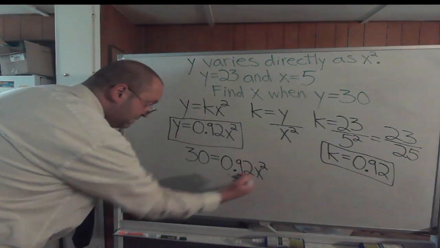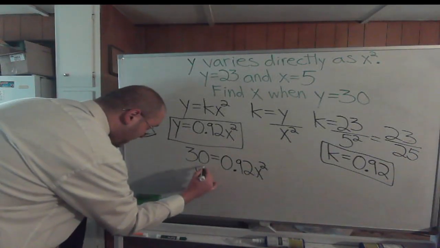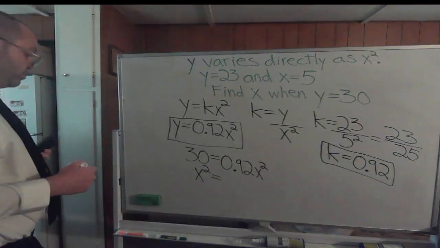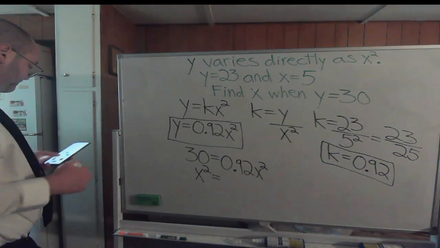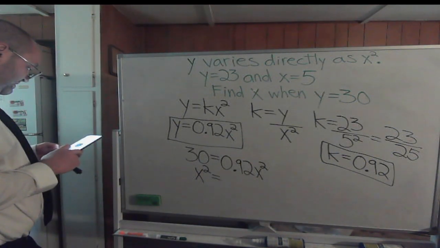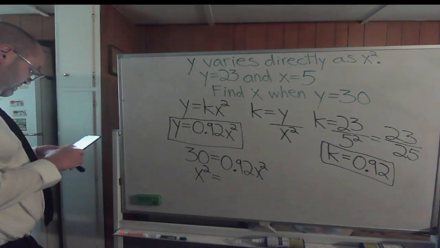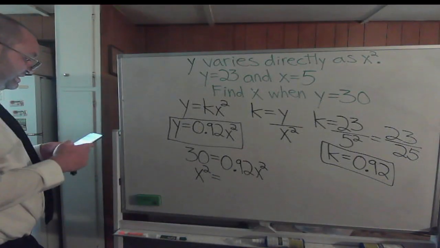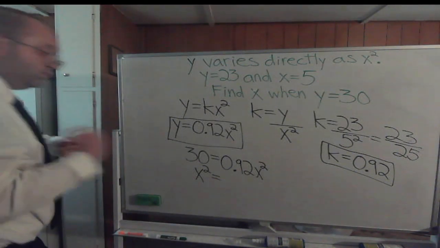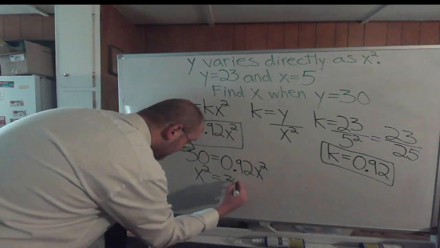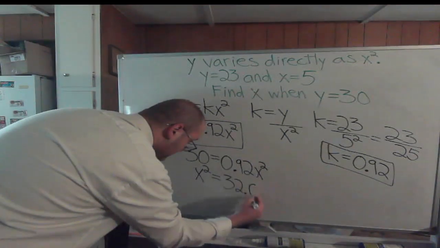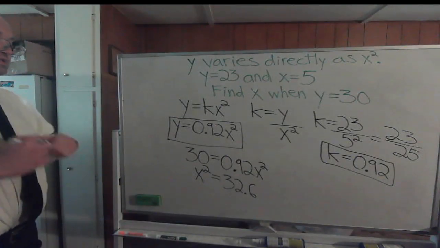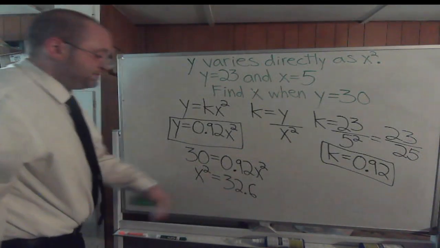We divide the right side by 0.92, you just get x squared by itself. That's going to equal 30 divided by 0.92. Let me figure out what that is here. If we round to one decimal place, which I'm going to, it would be 32.6. So x squared is equal to 32.6, since I'm rounding to one decimal place.